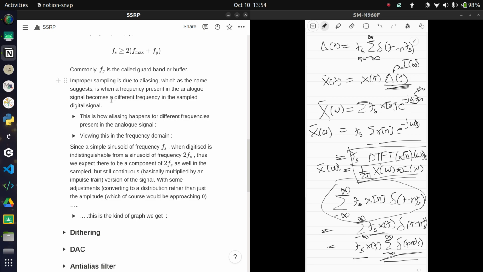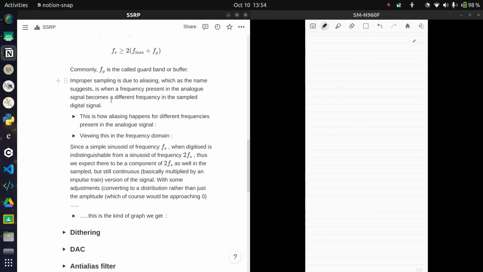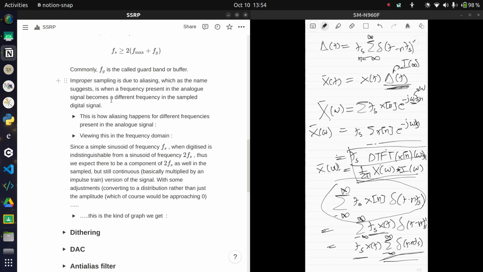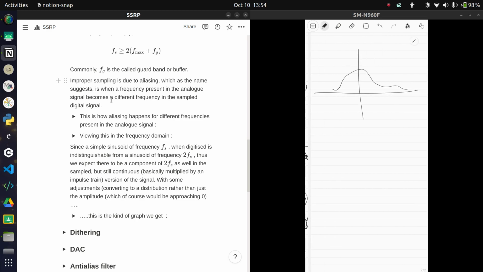And what happens when you have improper sampling? Well, something like this happens. Say your X of omega, which is the CTFT, looks like this. Your DTFT is the negative pi to pi version, whatever that corresponds to in the time domain version of the CTFT, but the CTFT is repeated a bunch of times and then superimposed on itself.